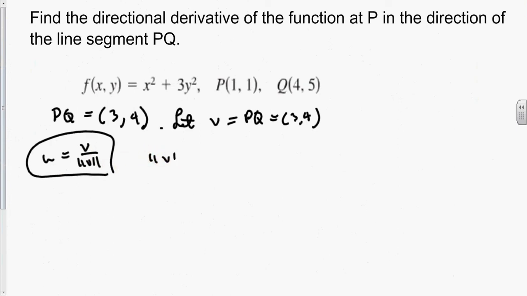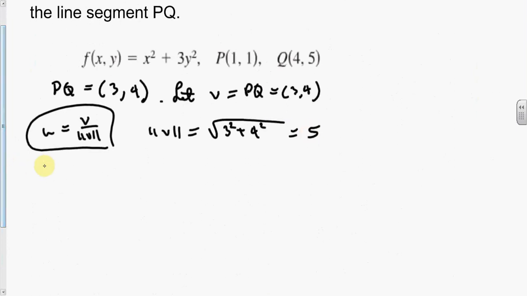So I find the norm of v, it's the same thing as saying the norm of PQ. So that's the square root of 3 squared plus 4 squared. So we get 5. So u becomes 3 over 5 comma 4 over 5.